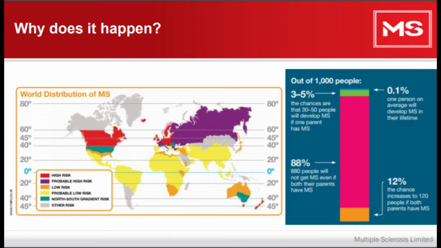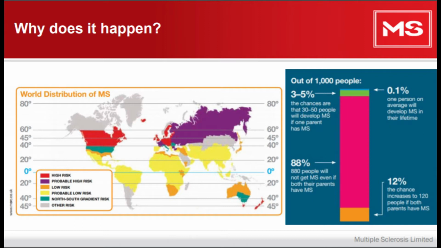So we know there's a genetic, as we can see by this chart here. We know there's an environmental factor as well. And we know, for example, that if you had an identical twin with MS, so you've got exactly the same genes, and your identical twin got MS, then you've got about a 25 to 30% chance of getting MS as well. So there's other factors to play in addition to genes.